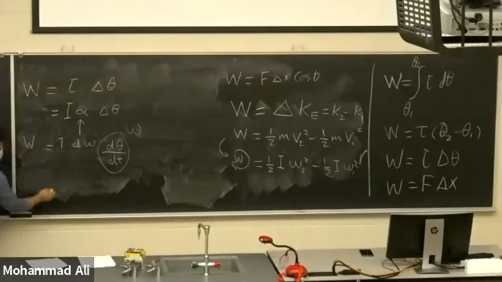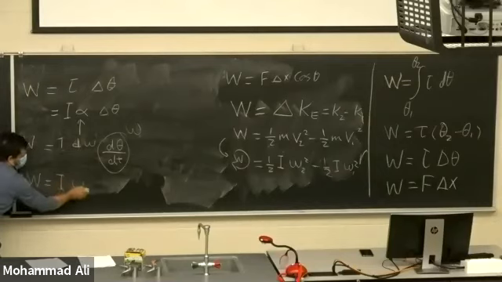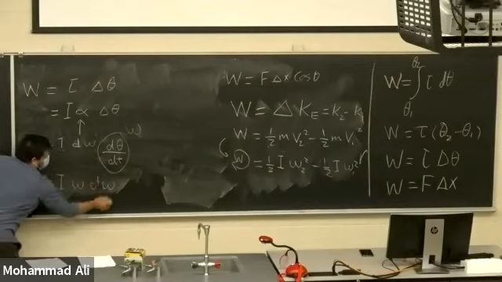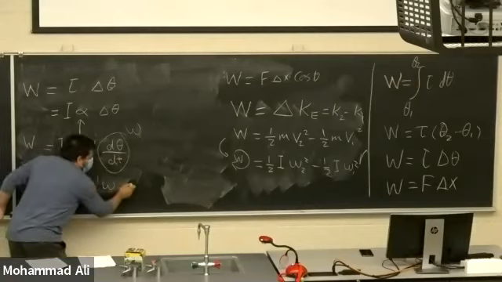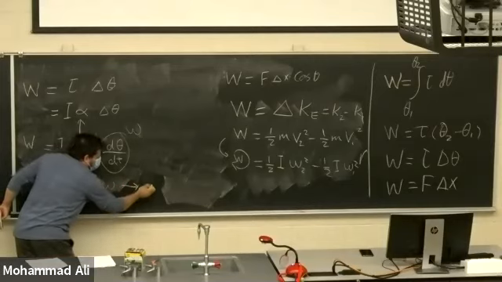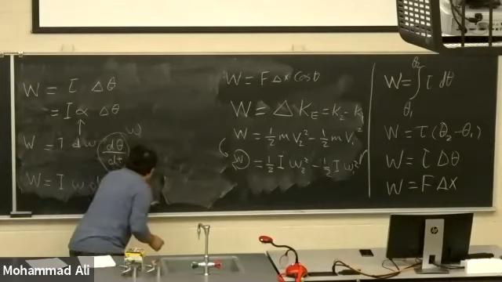We have here d omega. Now the work is equal to the moment of inertia multiplied by omega d omega. We need to integrate it again. By integration, this is the work again.